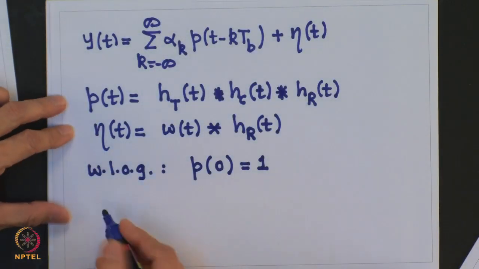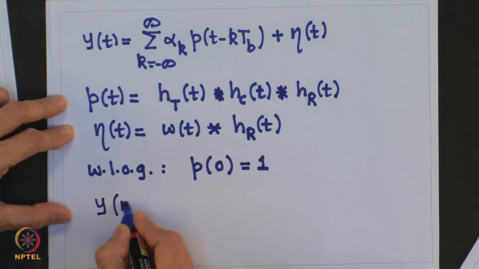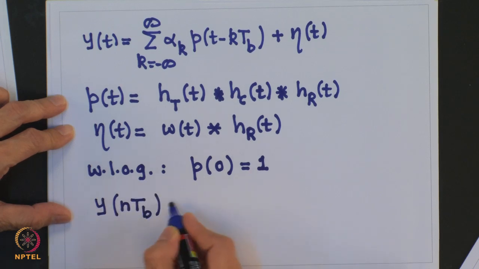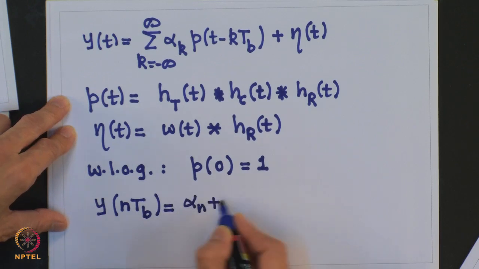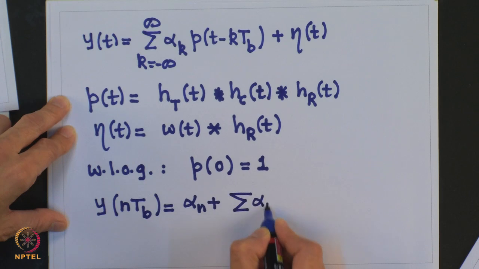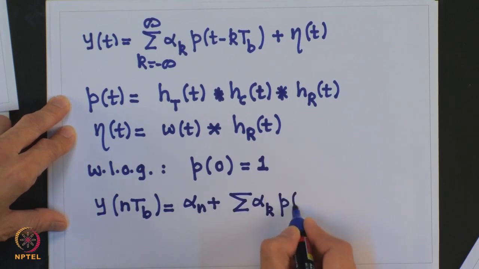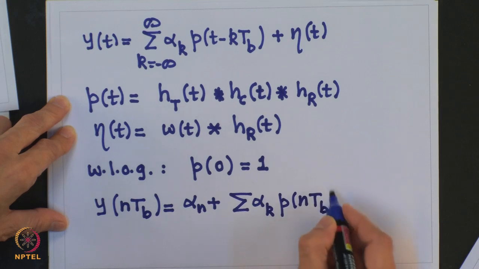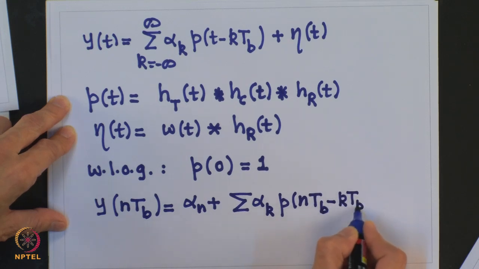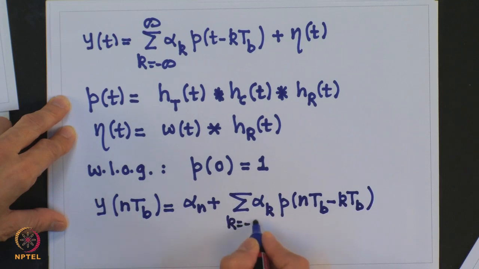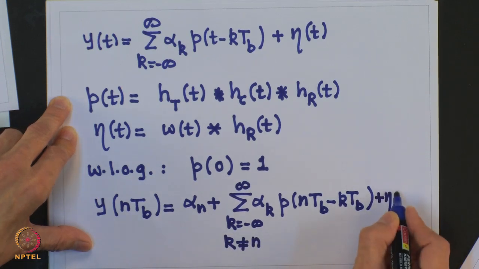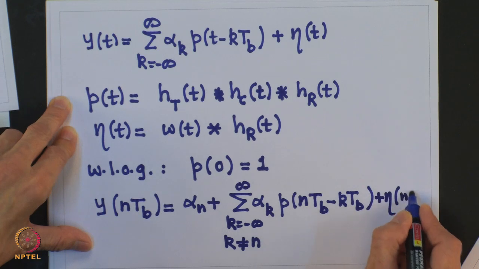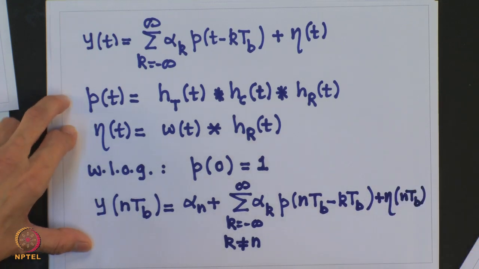So, at the sampling instance nTB, I am going to get the output from here equal to alpha n plus the summation over k not equal to n, plus eta sampled at n Tb.